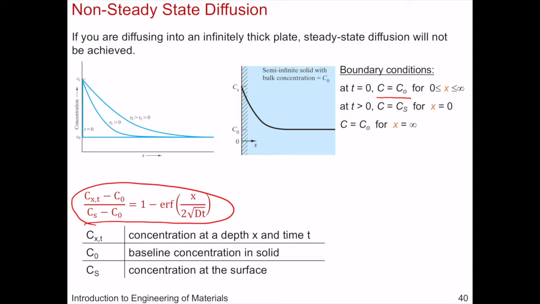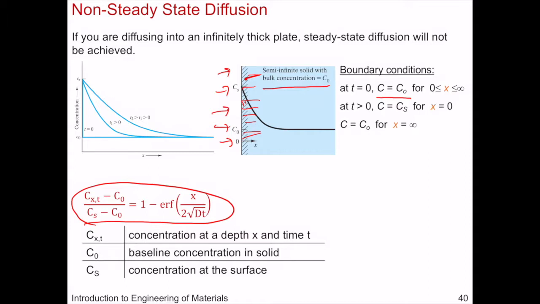What that means is the bulk concentration is just going to be defined as C naught, and you're adding in your diffusing species at the surface, and that diffusing species is just going to diffuse into the bulk over time, but the flux is not constant over time.